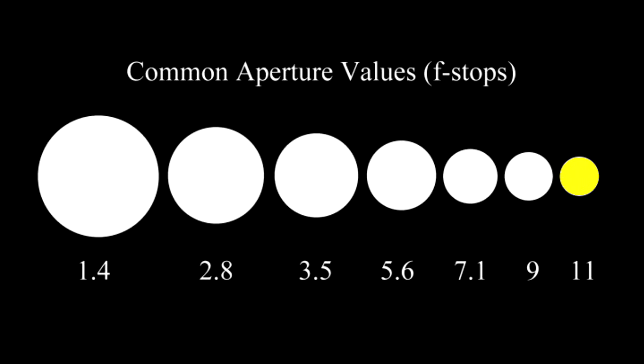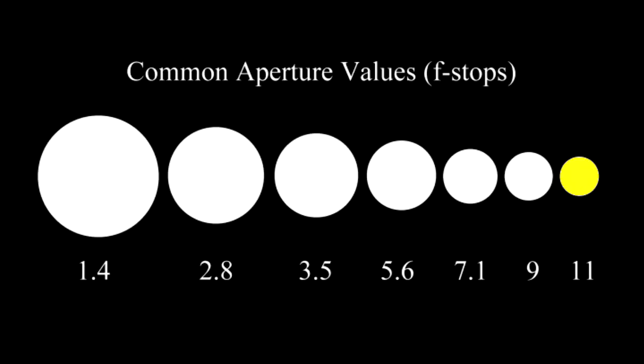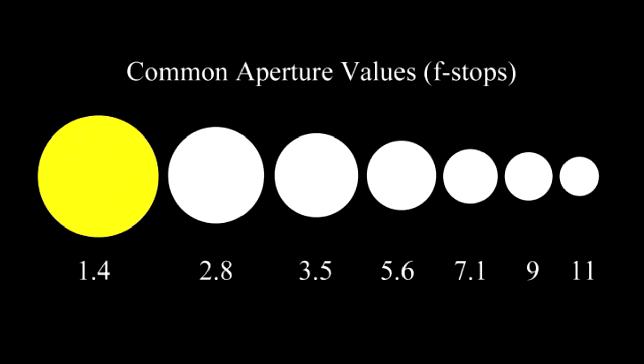Now, this is the hardest bit to understand with regards to aperture. Have a look at f11. Notice it's a big number, but the hole is small. And now let's have a look at f1.4. Notice that the hole is big, but the number is small.